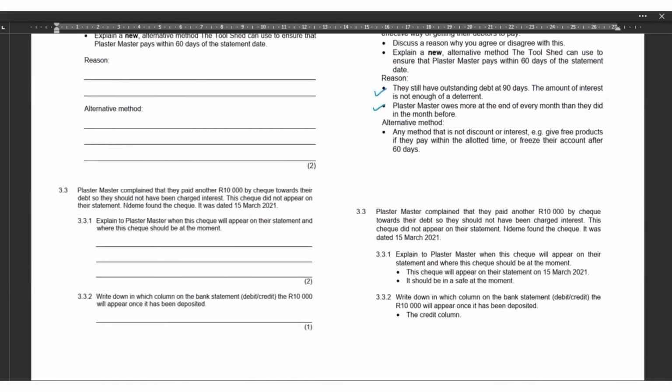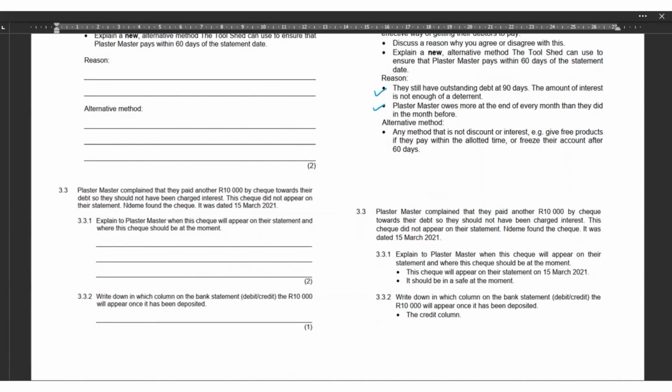The last question here, 3.3. Plaster Master complained that they paid another 10,000 Rand by check towards their debt, so they should not have been charged interest. This check did not appear on their statement. Ndeme found the check. It was dated 15 March 2021.